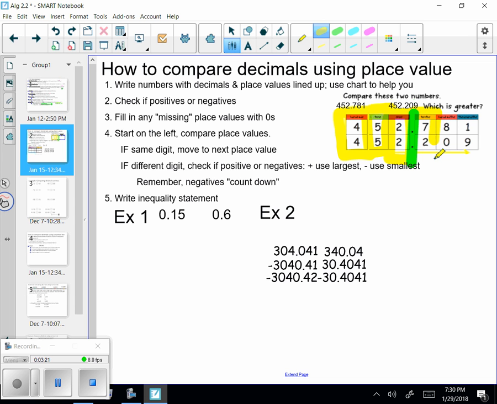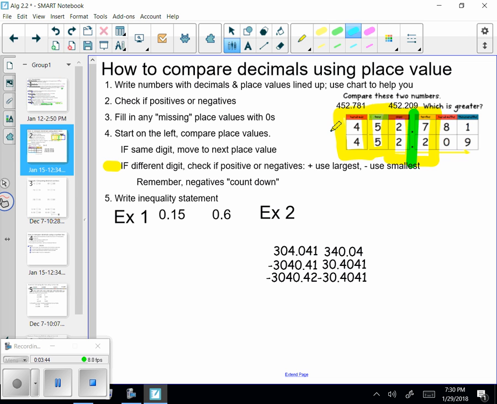In my tenths place, I have 7 and 2. Those are different, so I have to look at my next step. It says if different digits, check. Do you have 2 positives or 2 negatives? I have 2 positives. That means I look for the largest digit, 7.